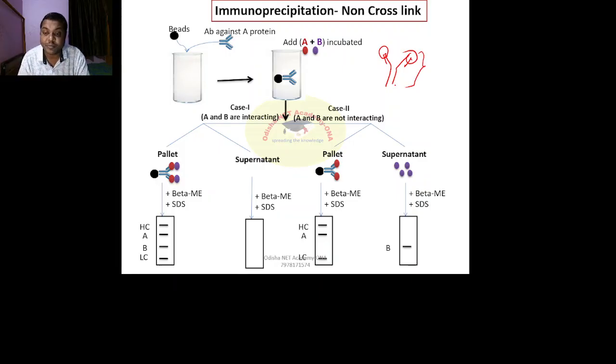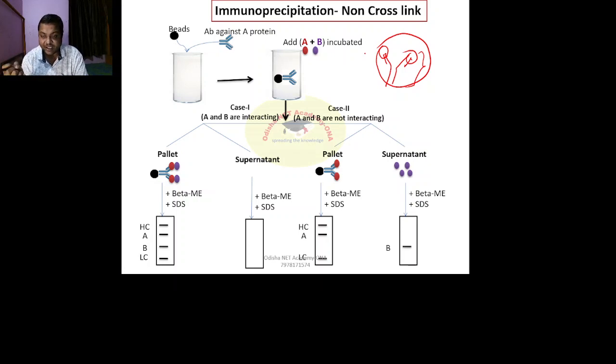Normally that immunocomplex has a higher molecular weight, shape and size than that of free antibody or free antigen. That's why, with the help of centrifugal force, that complex is easily pelleted down. The pelleting down of the immunocomplex by applying centrifugal force is called the immunoprecipitation reaction.